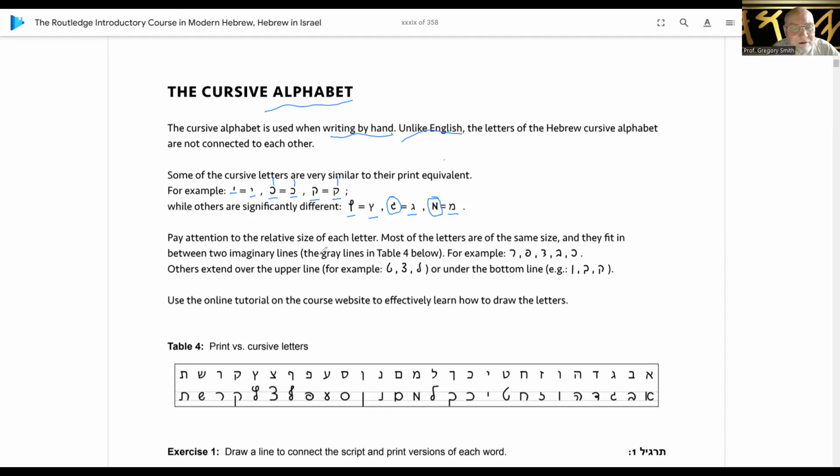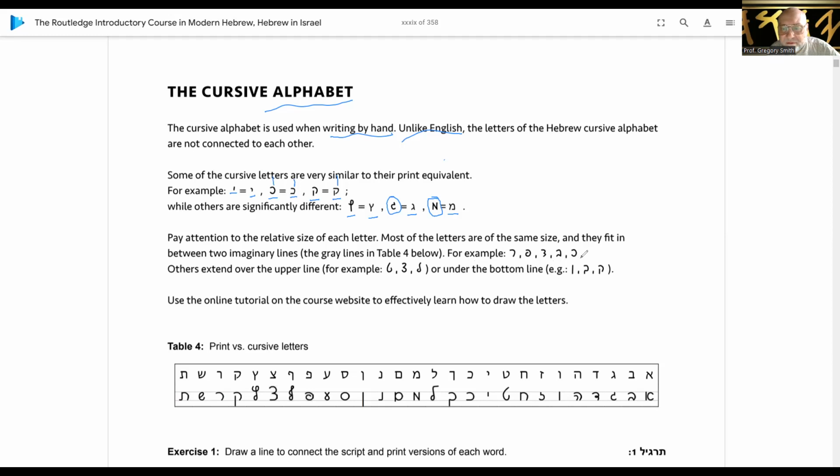Pay attention to the relative size of each letter. Most of the letters are the same size, and they fit between two imaginary lines, the upper line and the lower line.